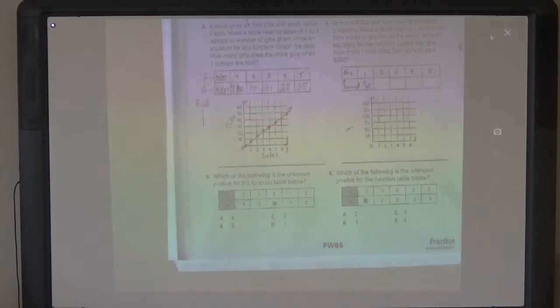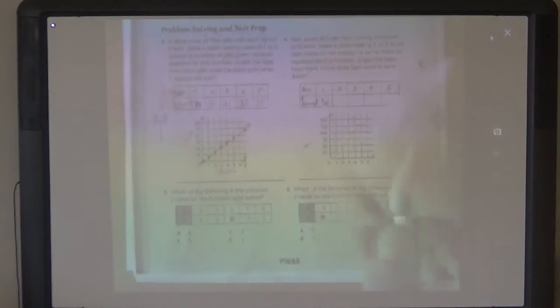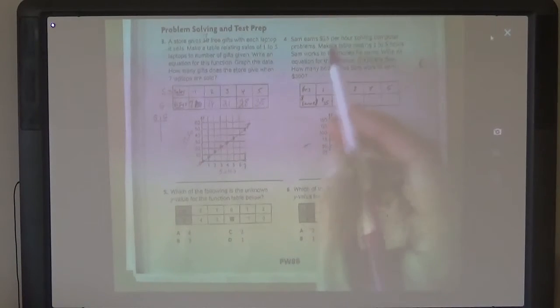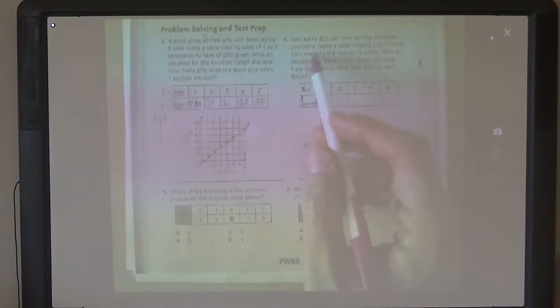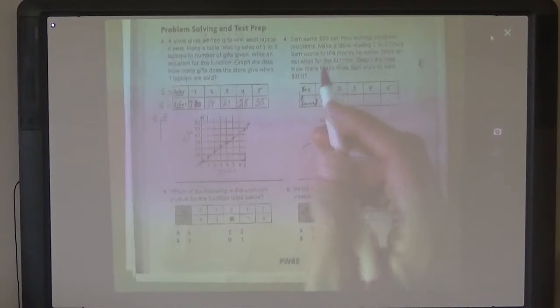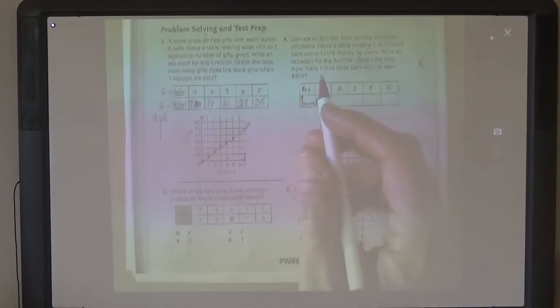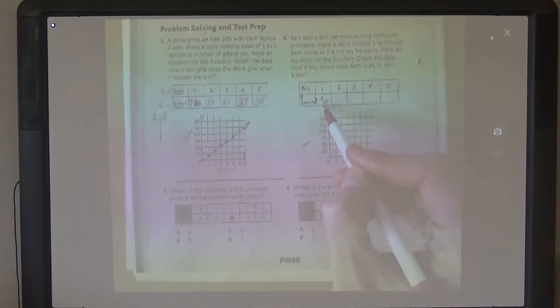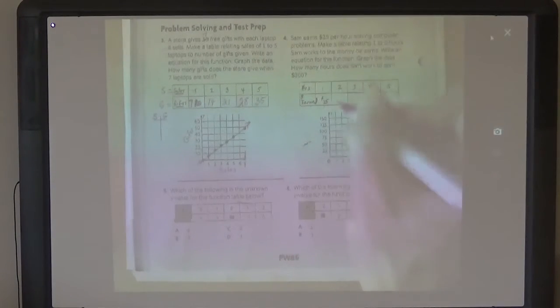Okay. I think I used the right numbers for this one. Yes, you did. Sam earns $25 per hour solving computer problems. He's called an IT technician. So for 1 hour, you earn $25. Fill in the rest of the chart.